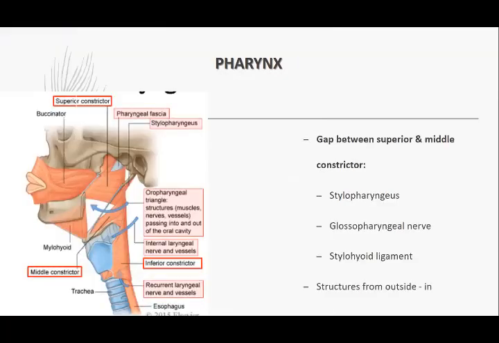अच्छा जी, so हमने डिस्कस ये किया था कि the constrictor muscles of the pharynx, the circular muscles of the pharynx, they overlap each other.